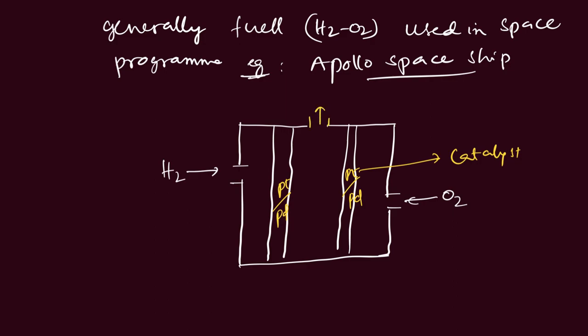In this we have concentrated NaOH or KOH. Now these are connected to the voltmeter like this. Then here you will get the reading.